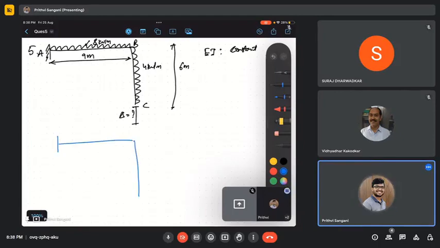As this is a cantilever, I'm just writing down the resultants. We can't simply substitute the point load for the UDL; I'm just writing the resultant of this UDL.